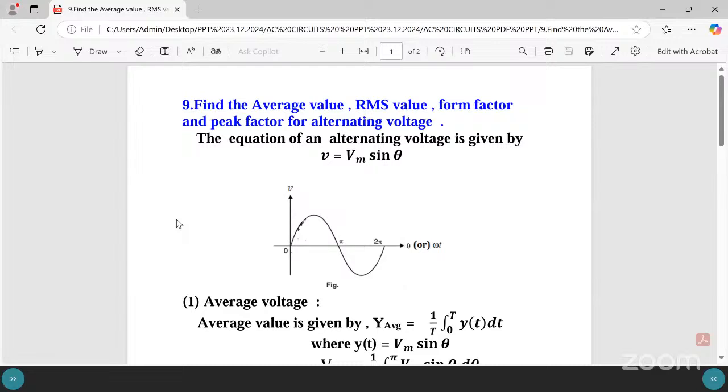Find the average value, RMS value, form factor, peak factor for alternating voltage. What is the x-axis? Theta or omega. What is the y-axis? Voltage, because it is alternating voltage. What is the standard equation? Apply the formulas.